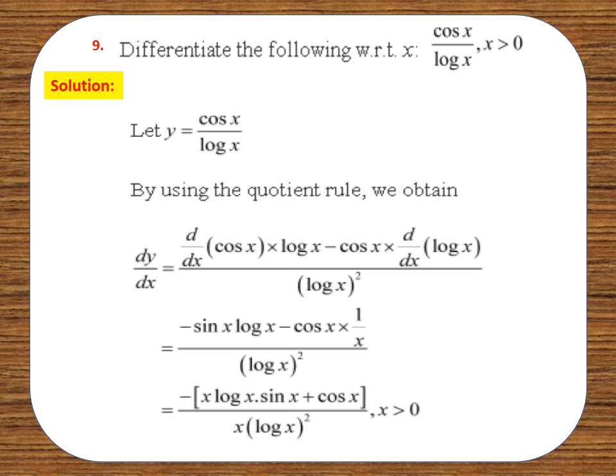Then the rule says denominator into differentiation of numerator, that is log x into differentiation of cos x, minus numerator into differentiation of denominator, that is cos x into differentiation of log x. Done. So differentiation of cos x is minus sin x and differentiation of log x is what? 1 upon x. So after simplification we are getting our final answer as minus (x log x sin x plus cos x) upon (x log x) whole square. Clear? So pause and note down the solution.